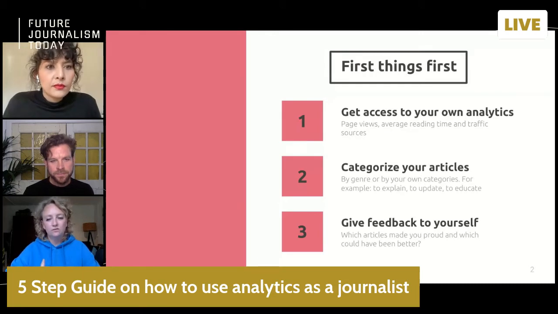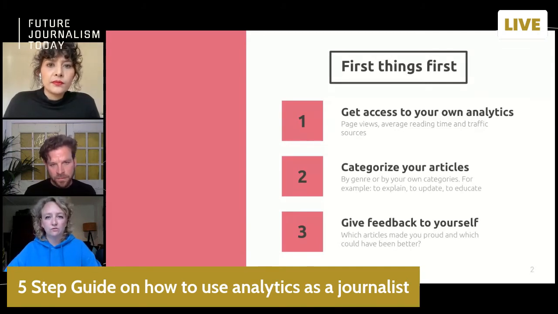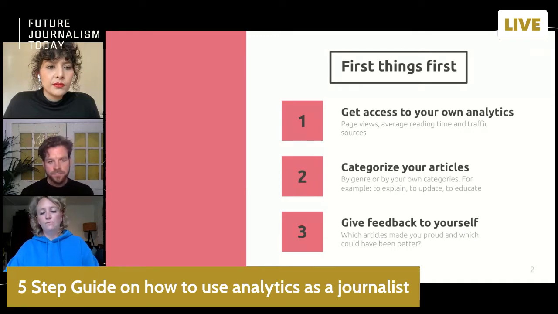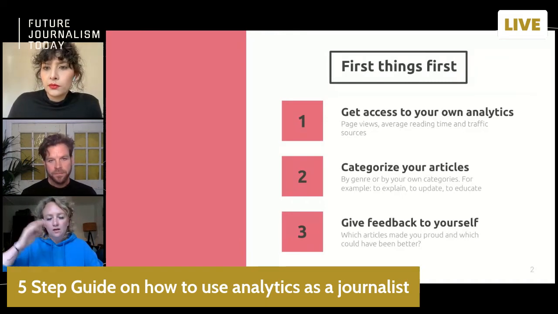You have to know how long people are in the article. And then you want to know the traffic sources. So did the readers come through Google or through Facebook or whatever? If you've gathered those analytics for a month, like maybe for April, you can put them in an Excel sheet.